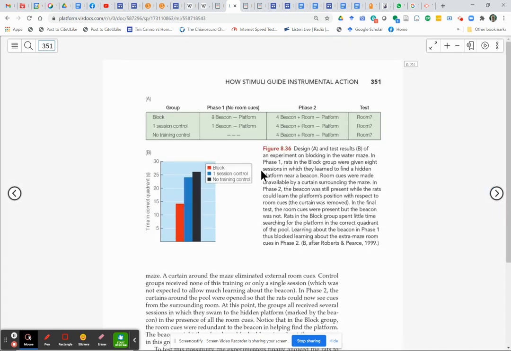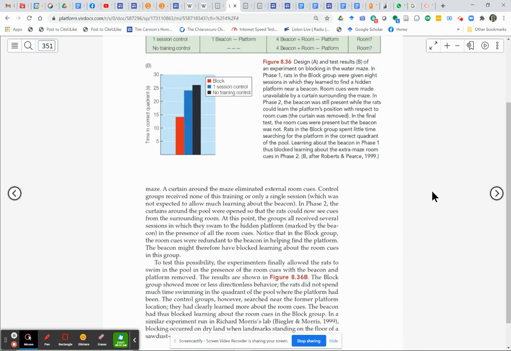And beacons, and there's time and correct quadrant. And if you block, not as much time, and then more time, and with no blocking or trivial blocking, you're much better at it.